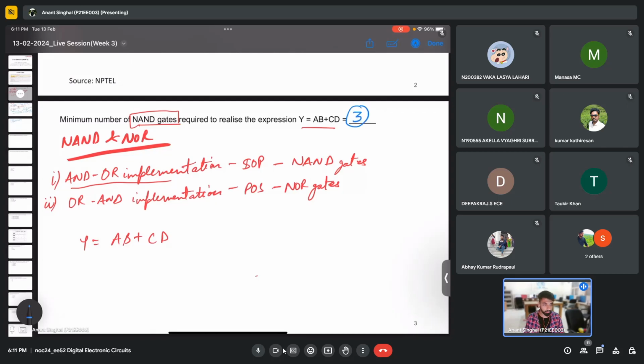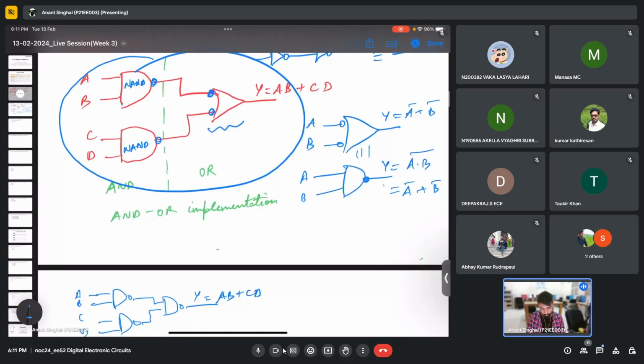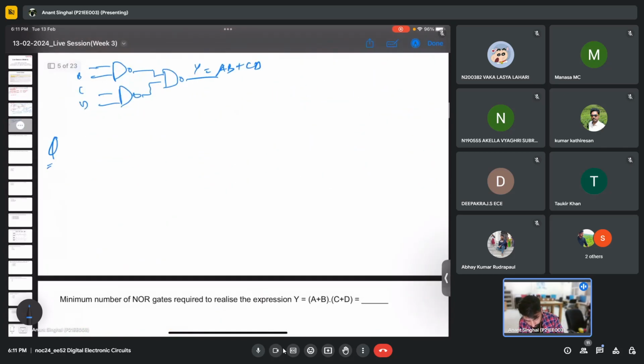This I already taught in the last class, and I gave you homework problems related to it, where the question was again to find the minimum number of NAND gates. The problem was, I guess, AB plus CD plus EF.